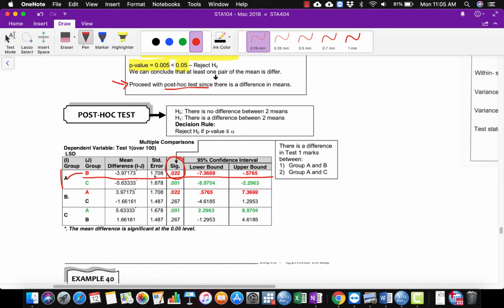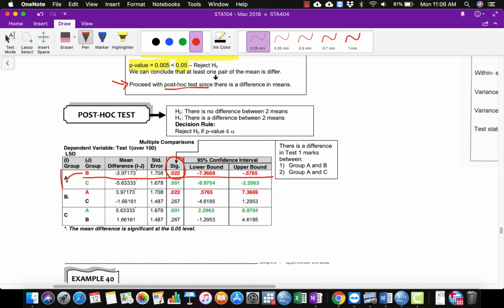The standard error is 1.708, and the p-value is 0.022, which is less than 0.05, if our alpha is 0.05. So we can say that there is a difference of mean between group A and group B, right? Since the p-value is less than 0.05.